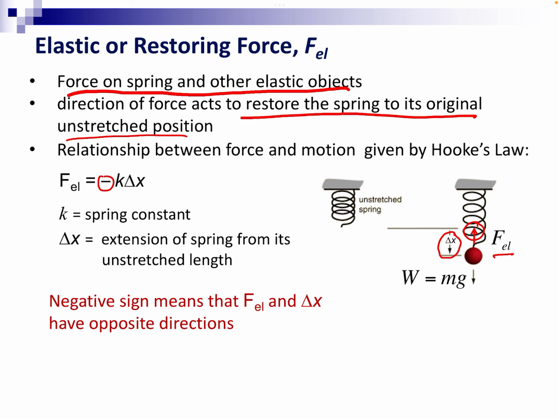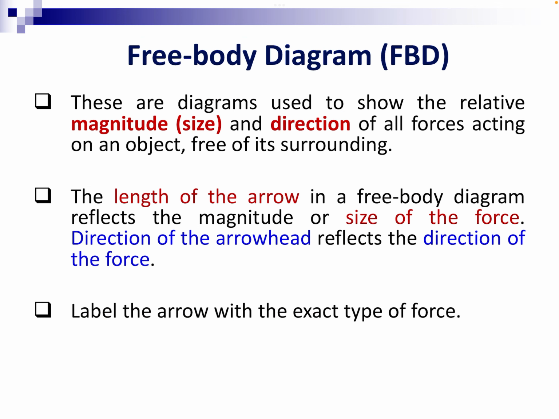And whenever we are analyzing forces, it's also useful to visualize the forces that are acting on an object. And so to visualize the different forces acting on an object, we draw what we call a free body diagram, or FBD.